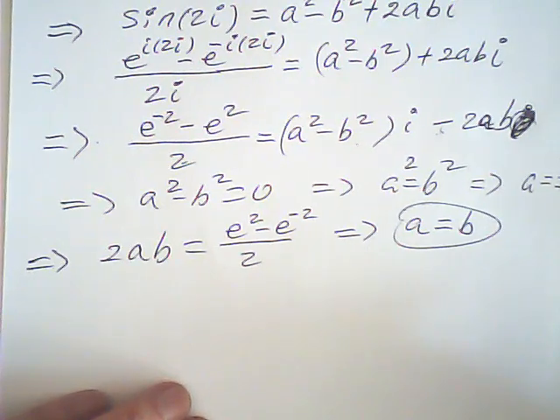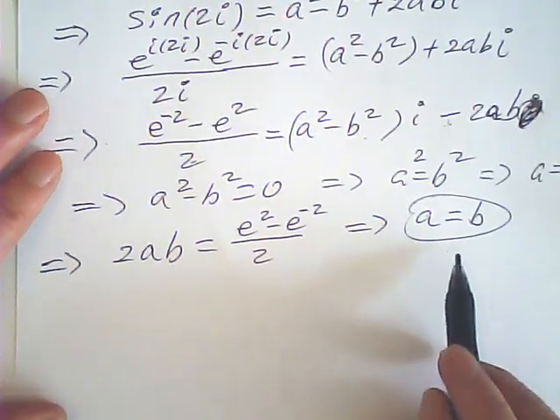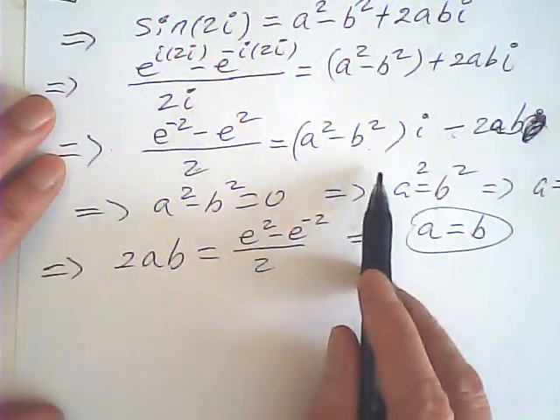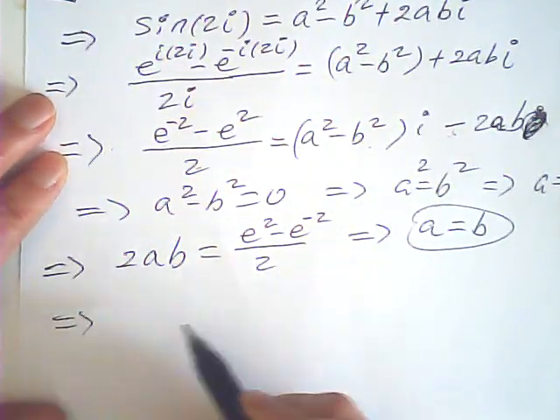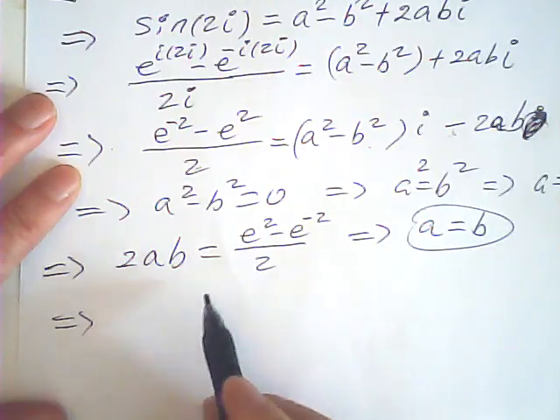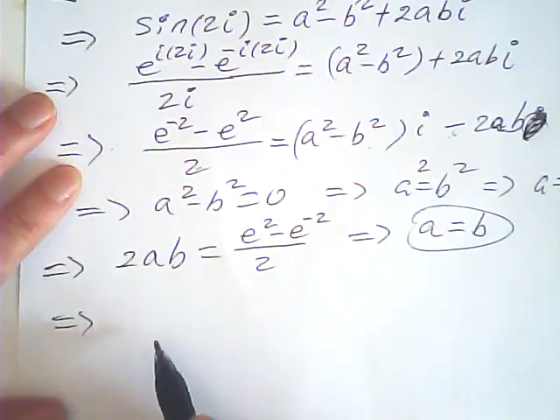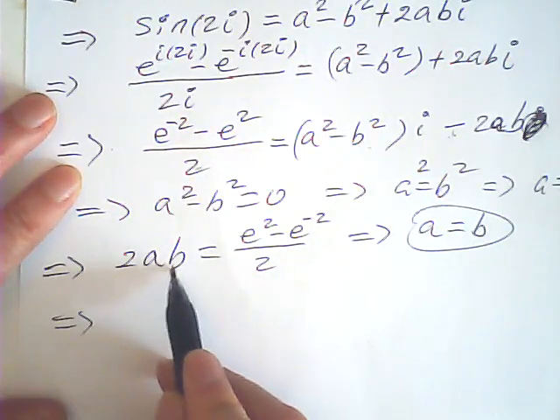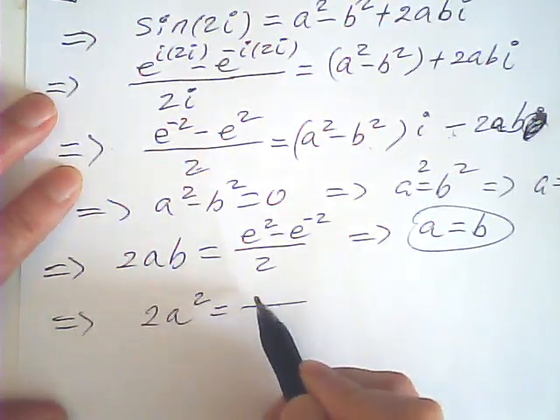Yeah, that's right. So A must be equal to B. If A equals B, this means 2A squared is equal to this.